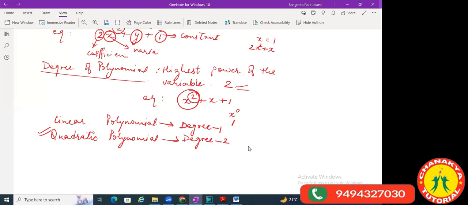Then a polynomial whose degree is 3, highest power is 3, we call it a cubic polynomial. Linear polynomial is that polynomial whose highest degree is 1, quadratic whose highest degree is 2, cubic whose highest degree is 3.